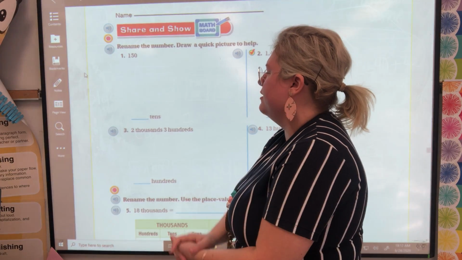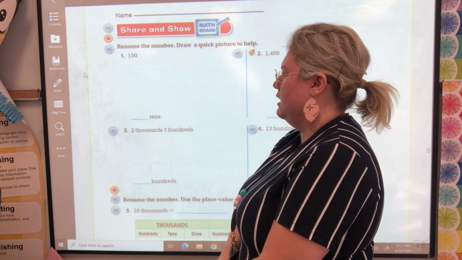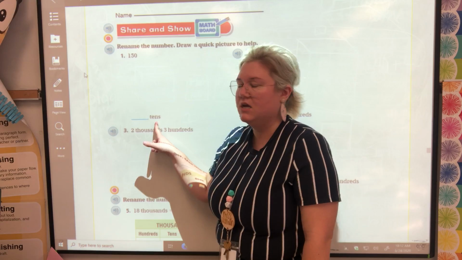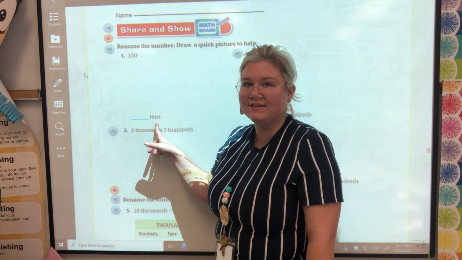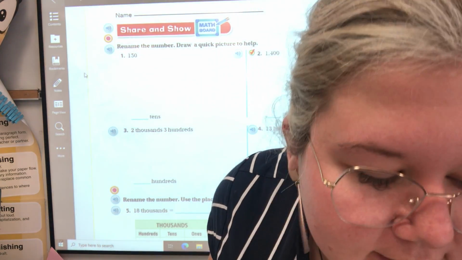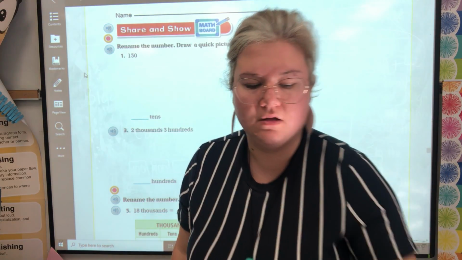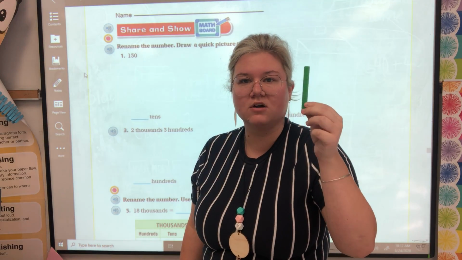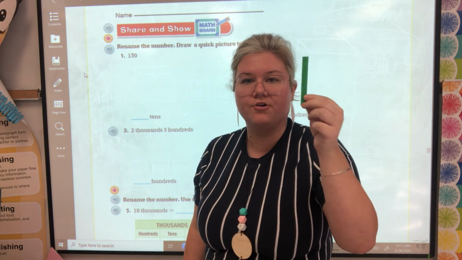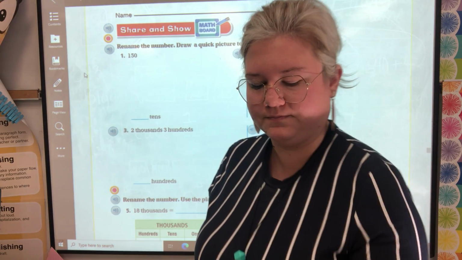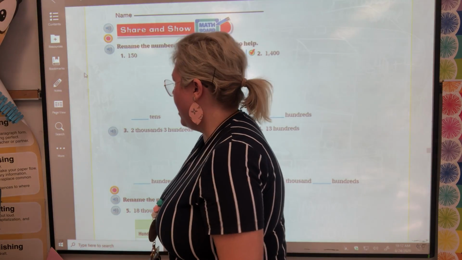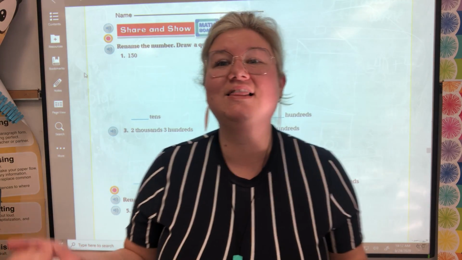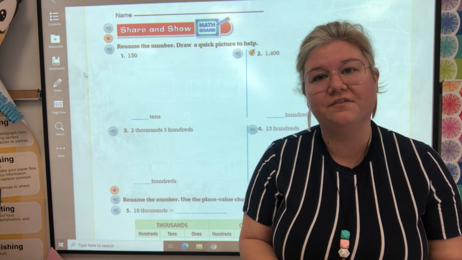On number 1, our number is 150. Now, we are only looking at tens here. So we can't use a flat because a flat is a 100. We can only use longs because longs are tens. So we can only represent 150 with our sticks. Okay? So I am going to draw as many tens, as many longs as it takes to get up to 150.